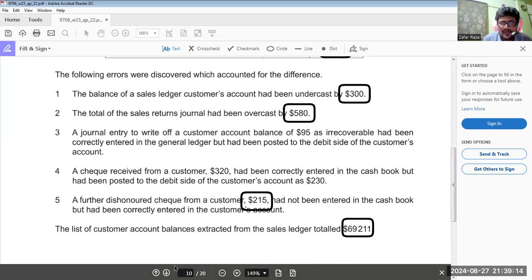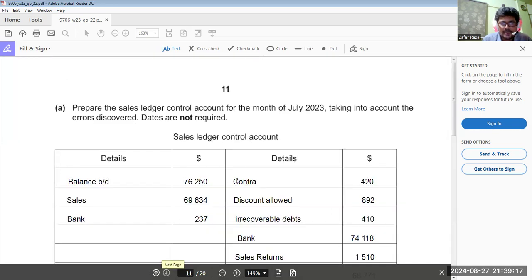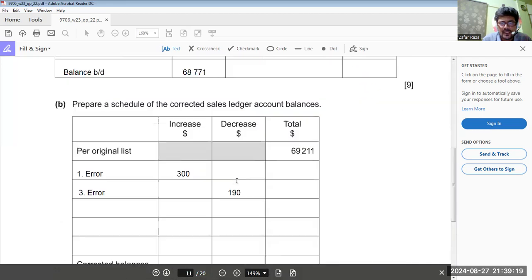So that makes 550. When the customer is paying, the total of the customer is going to decrease. So again, this error number 4, we are going to decrease customer's account by 550. Okay? Getting my point clear?